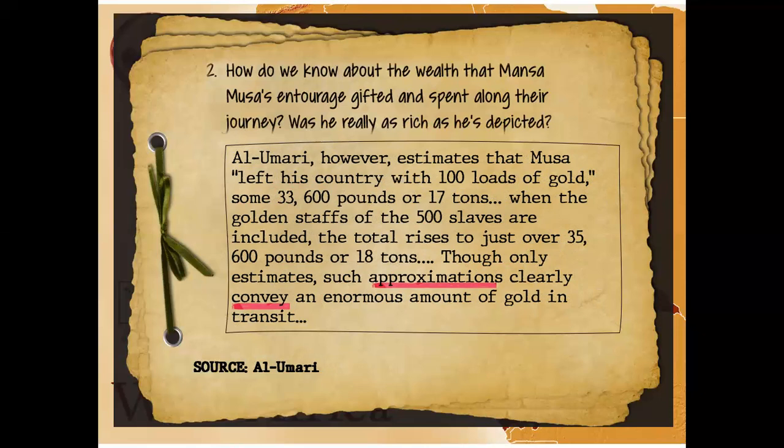So he's saying it's actually more, saying that the Musa left Mali with some 33,600 pounds of gold, and then says if you then factor in those gold staffs that each of the 500 slaves were bearing, so if you add those together with all of the pounds of gold dust that the caravan was hauling with them, they actually, in total, on this pilgrimage, had just over 35,600 pounds of gold, or 18 tons.